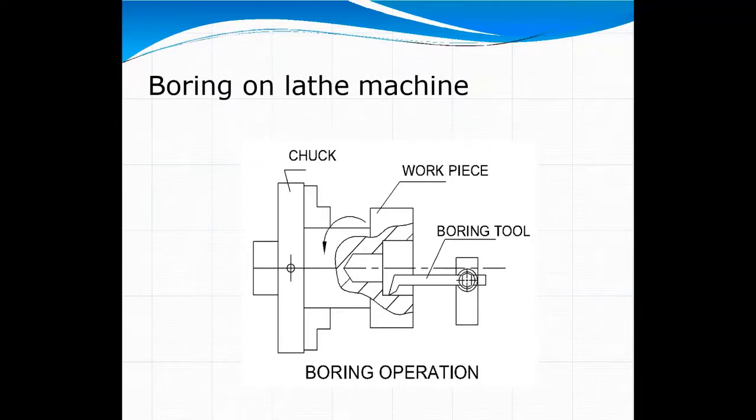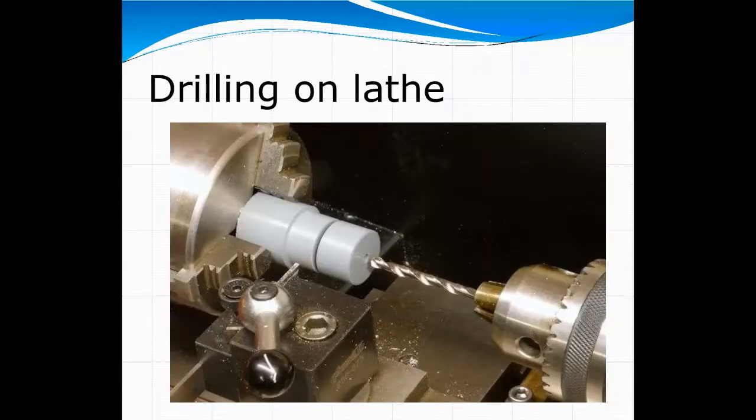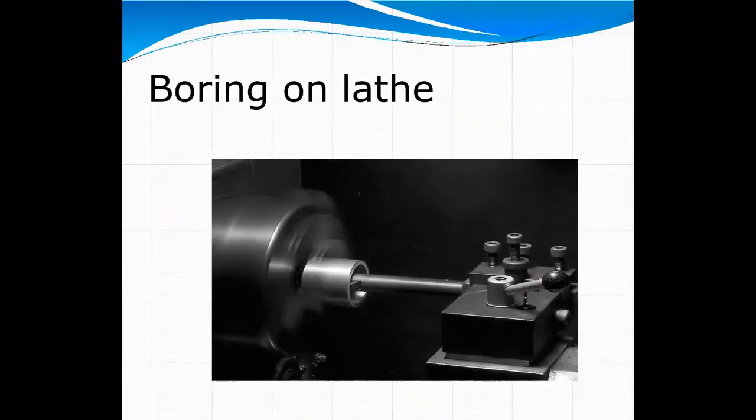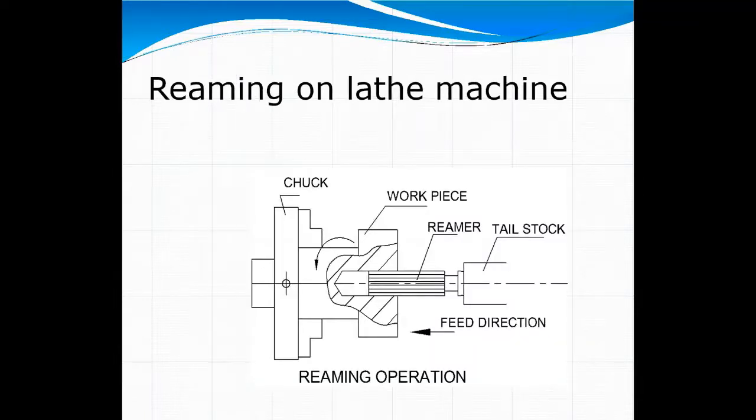Drilling on lathe machine. So we are utilizing the drill bit for that. Boring on lathe machine is also the same thing, enlarging the already drilled hole. For the drilling operation, the job is first fixed in the headstock, and then boring is done with the boring tool.